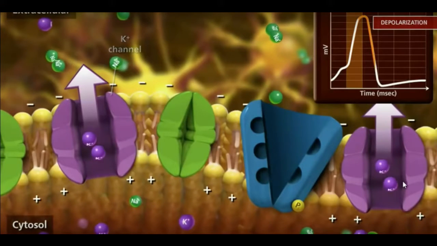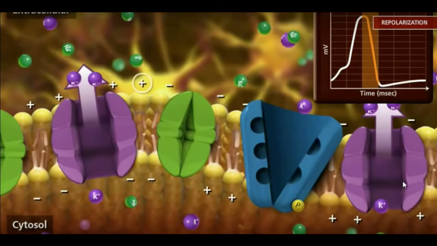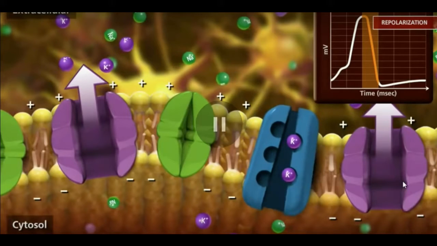The repolarization phase is caused by these potassium channels opening, as we talked about. They also have a voltage sensor, which senses positive buildup on the inside. They open and potassium efflux is moving positive charge out of the cell. So if the inside is losing positive charge, then it becomes more negative, and that's why we see the graph go back down approximately to the resting level.